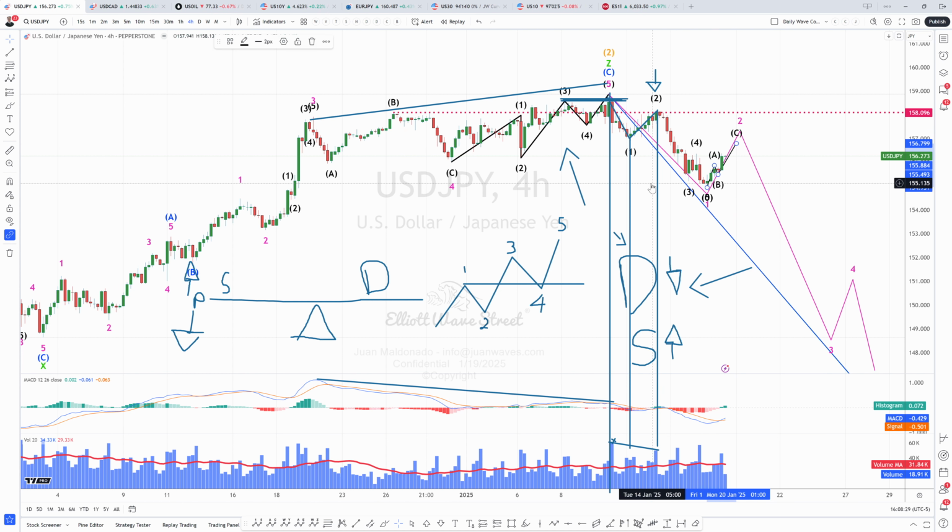This week we are going to work with a course about volume. So we are going to start from scratch, and we are going to go through all the process of reading volume and price. It's not just volume.